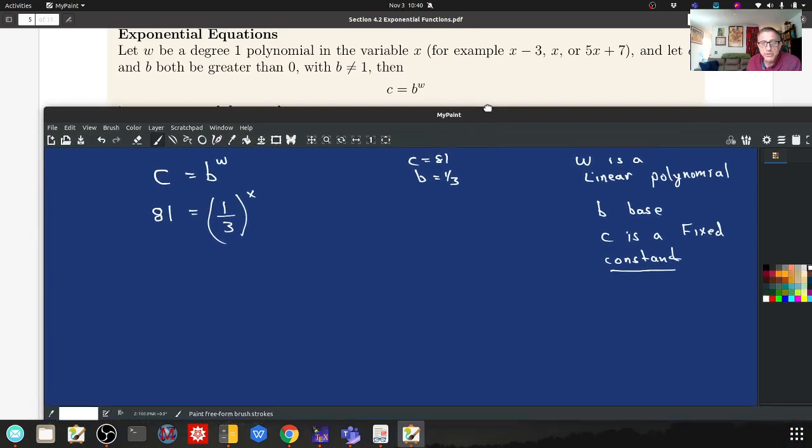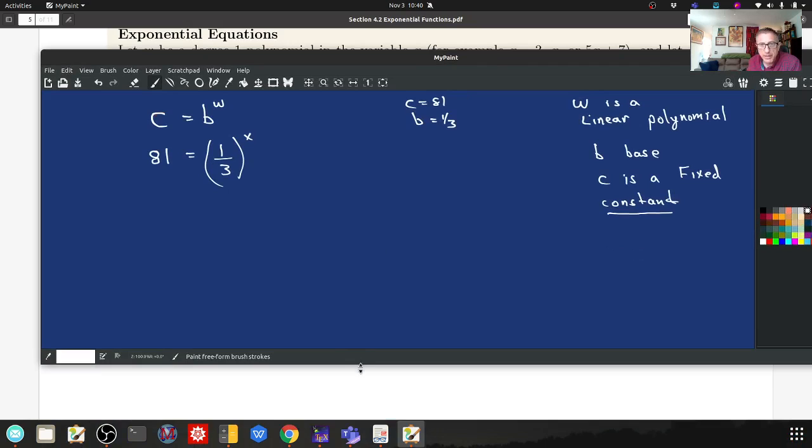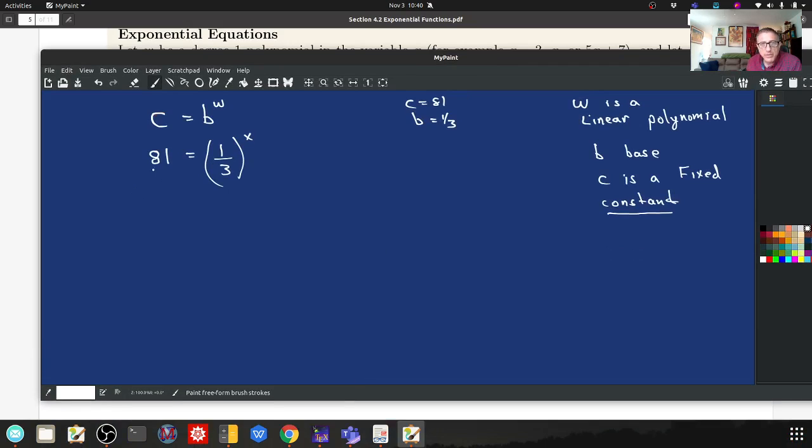So what we're going to do here is I'm going to write 81 and do a little bit of manipulation. The first thing I'm going to do is 81 is going to stay the same. And this, using exponent rules, is 1 raised to the x over 3 raised to the x.